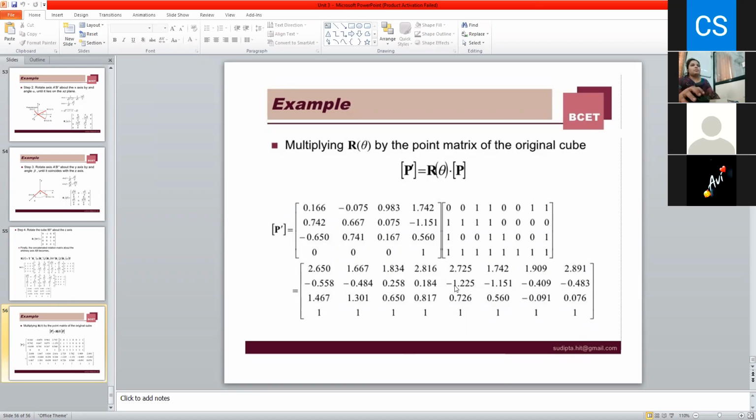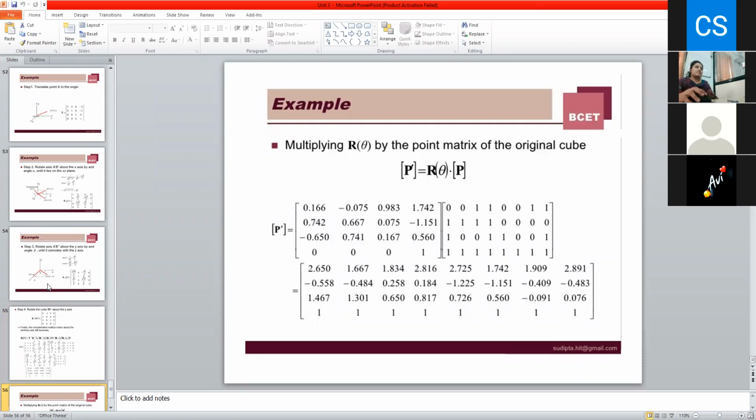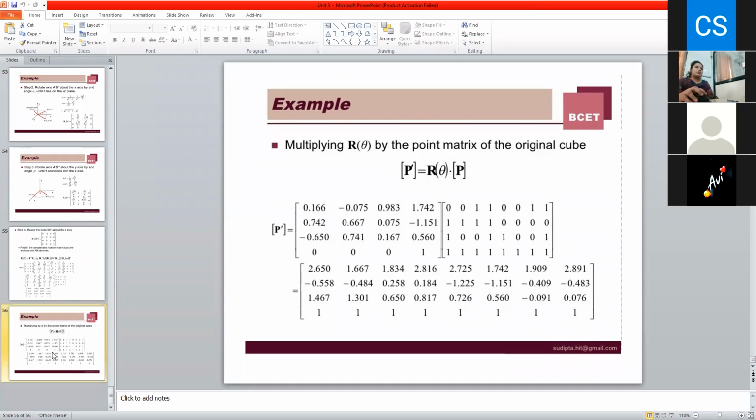So it is the example for rotation about an arbitrary axis in space. Okay, getting it? The example you can see afterwards, because the steps I have discussed, only the calculation part you can do later. Okay, is there any difficulty here?